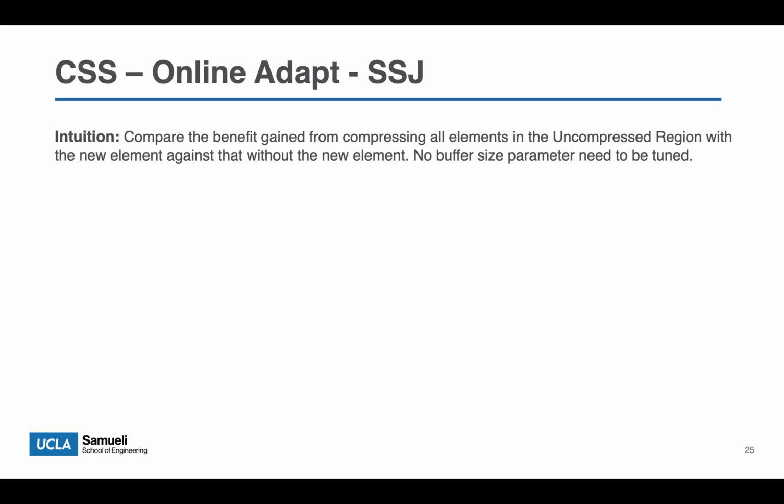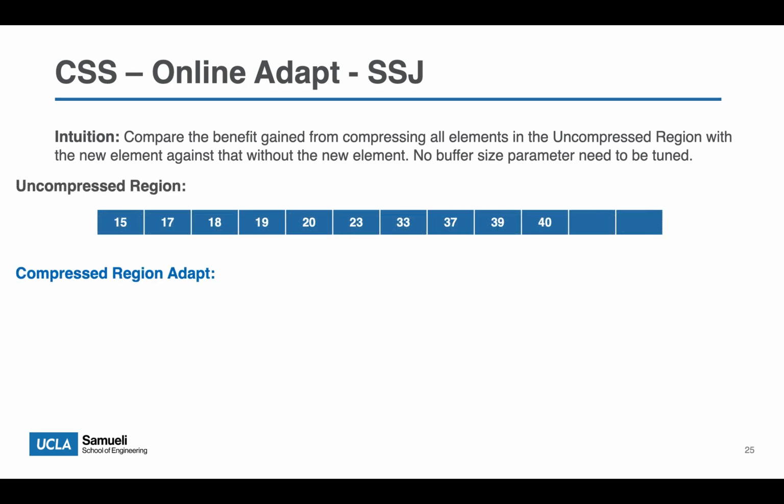The intuition is that we compare the benefits gained from compressing all elements in the uncompressed region with the new element against that without the new element. This is CSS online adapt, and there are no buffer size parameters that need to be tuned at all. Let's take a look at this as an example. Suppose that we have elements 14 till 50 already, and now the element 4058 comes.